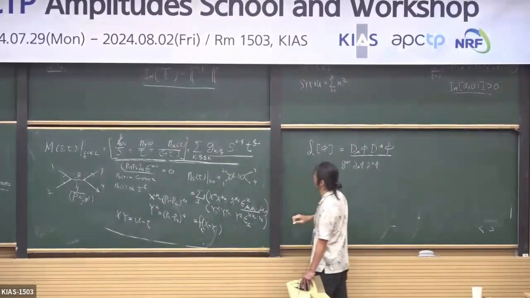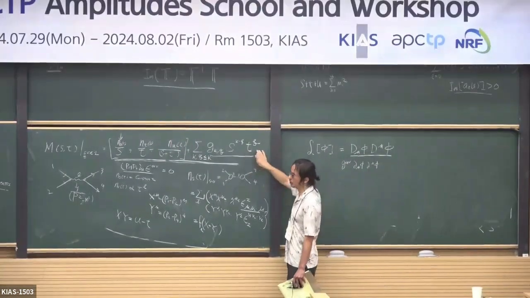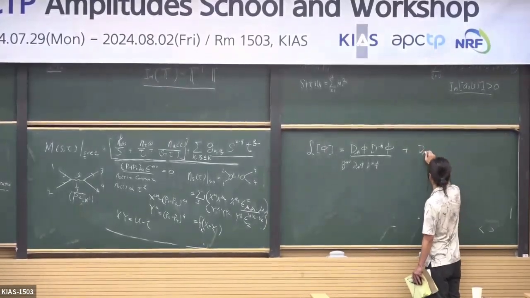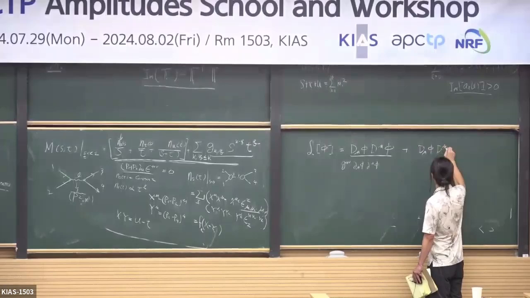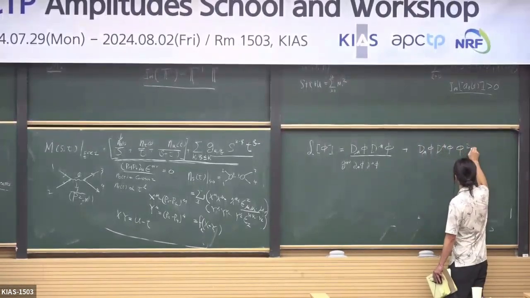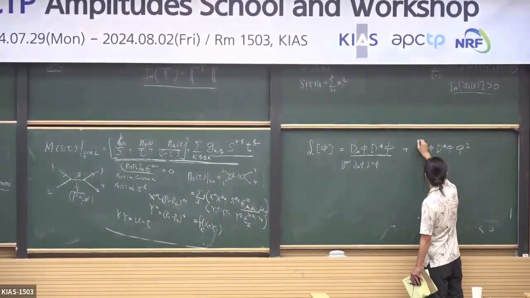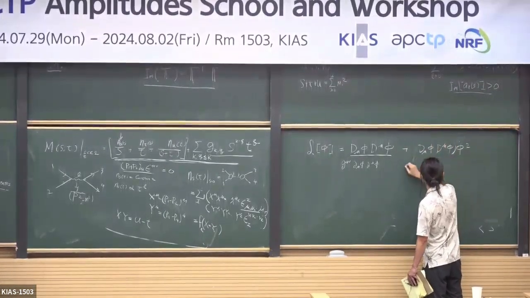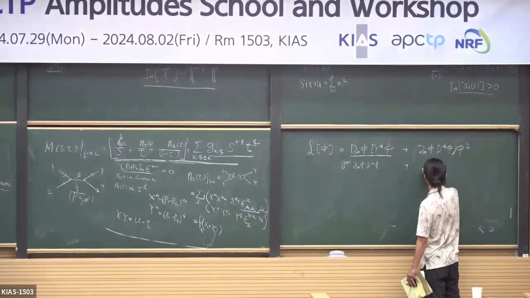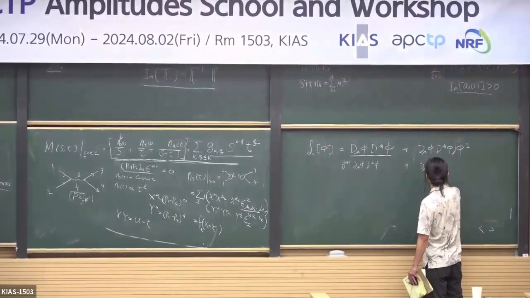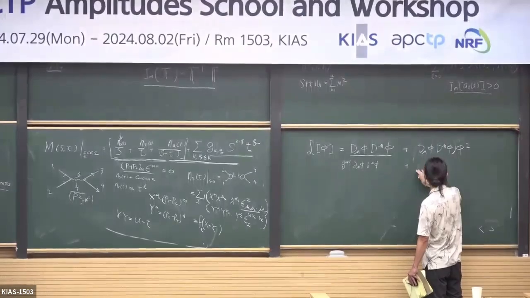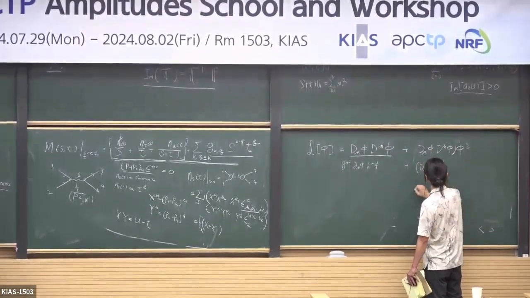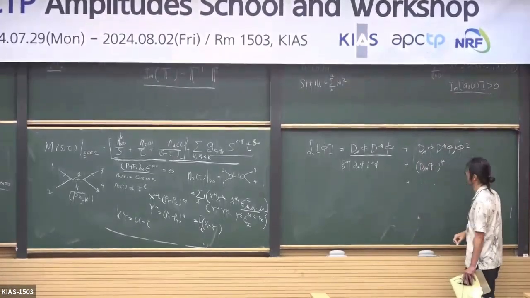This part, which is just pure polynomial in Mandelstam variables, corresponds to things that you can write down that look like, for example, this. Or we can have two derivatives, or D mu phi to the 4th power, a higher derivative term.